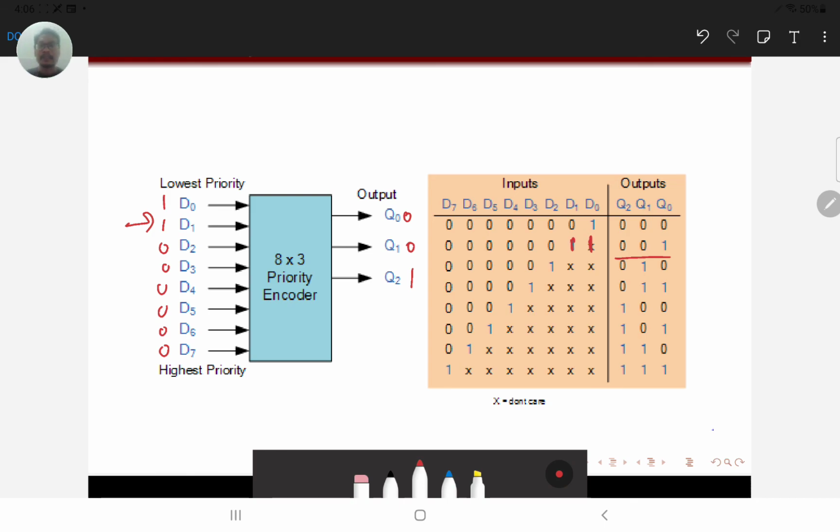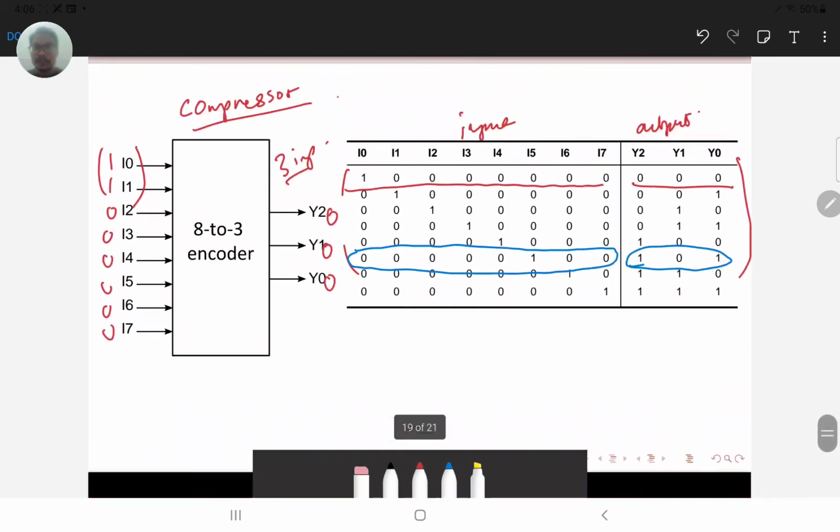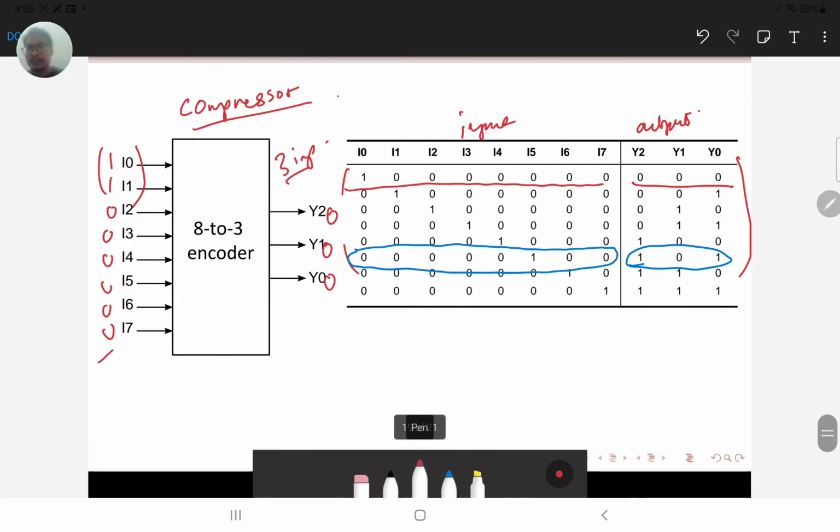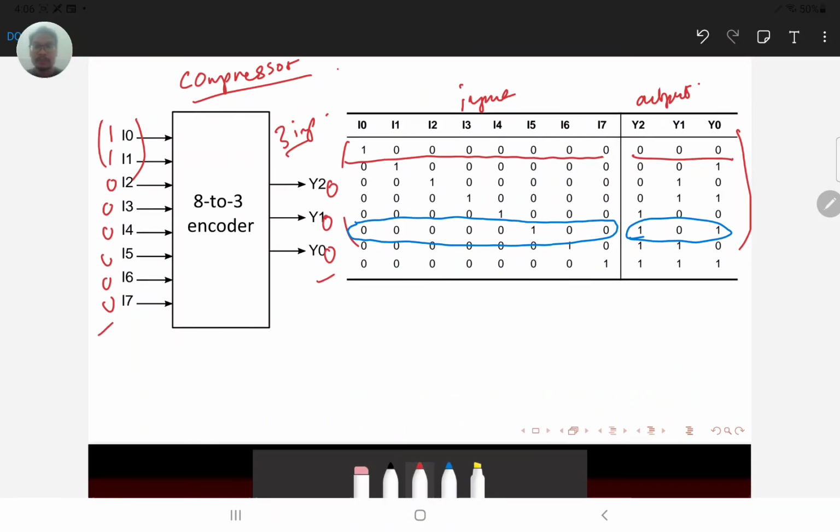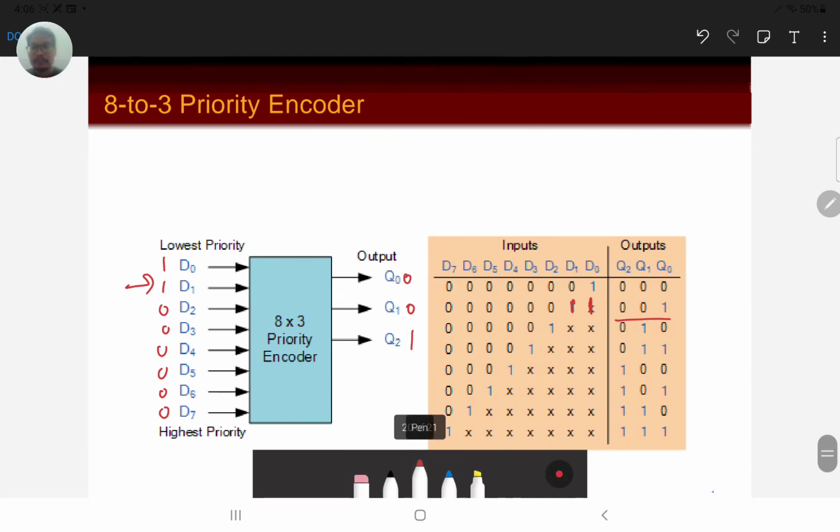You can see that in the normal encoder, if I give this, I'm going to get 0 0 0. In the priority encoder, if I give 1 1 and all zeros, I'm going to get 0 0 1. So it's a slightly different output characteristic between a normal encoder and a priority encoder.